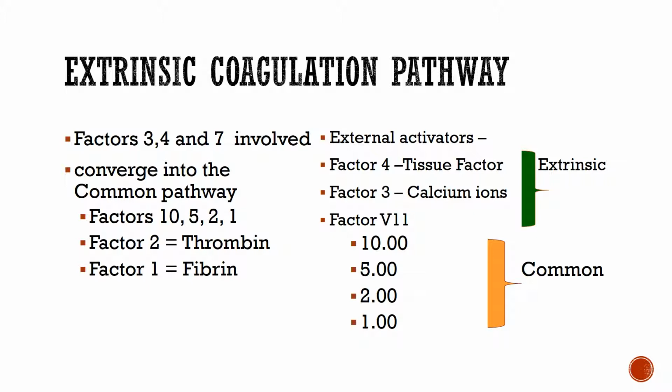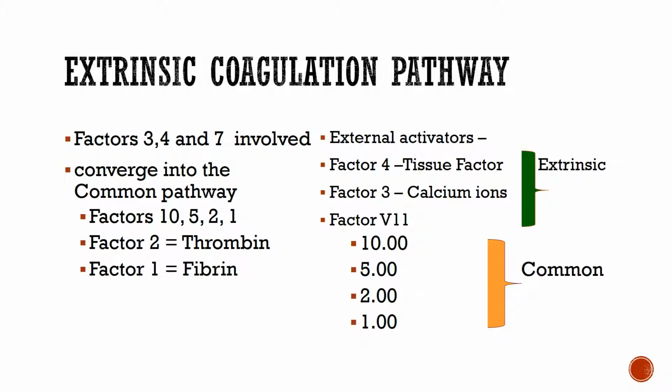All right, let's look at the extrinsic coagulation pathway. Make sure you've got your coagulation diagram handy. As you see, the extrinsic pathway does not have as many factors involved, and it also converges on the common pathway at factor 10. The extrinsic pathway is triggered by calcium ions and tissue factor.